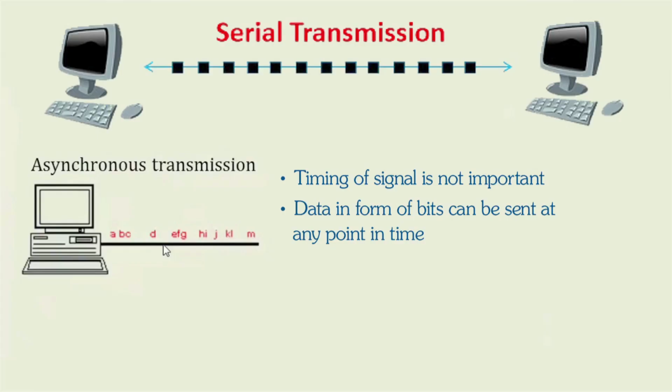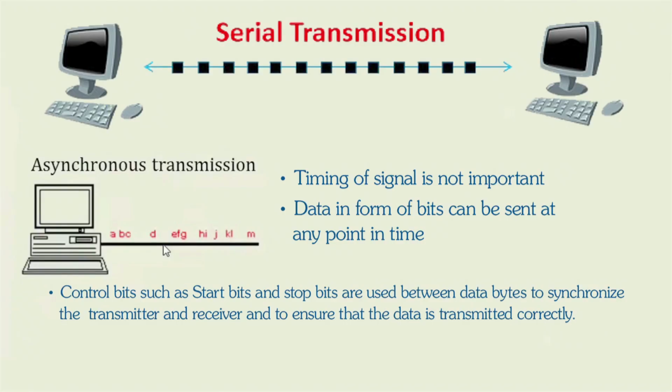The control bits such as the start bits and the stop bits are used between the data bytes to synchronize the transmitter and the receiver, and to ensure that the data is transmitted correctly. So there is a start bit and there is a stop bit, so that the receiver gets synchronized that this is the first data, there is a second data, there is a third data. This way they are synchronized.